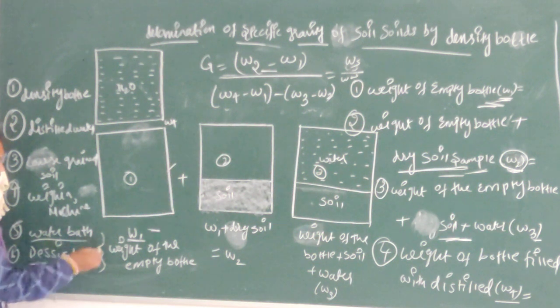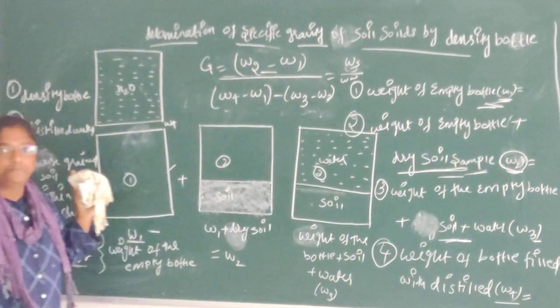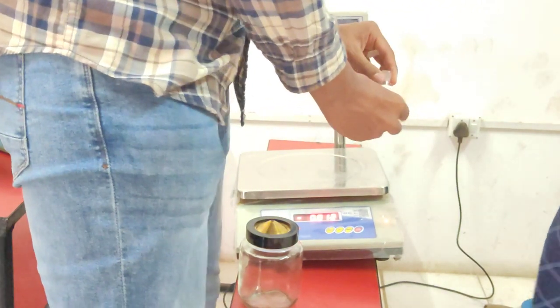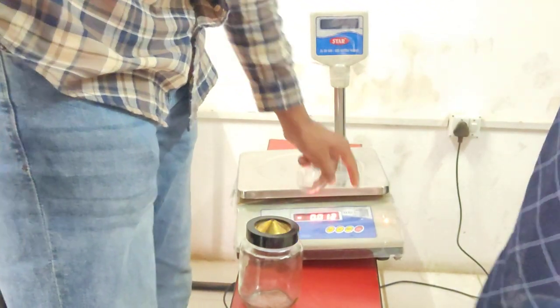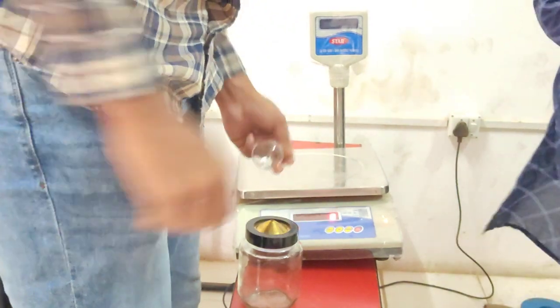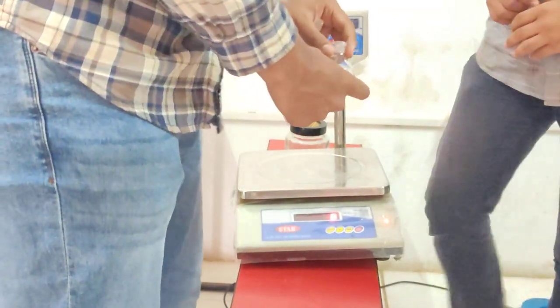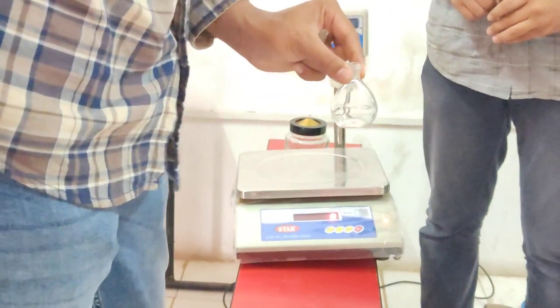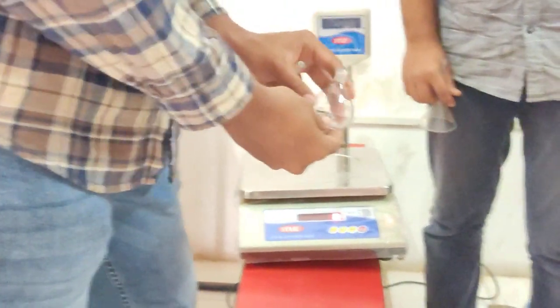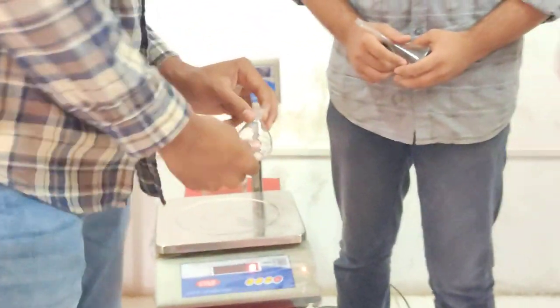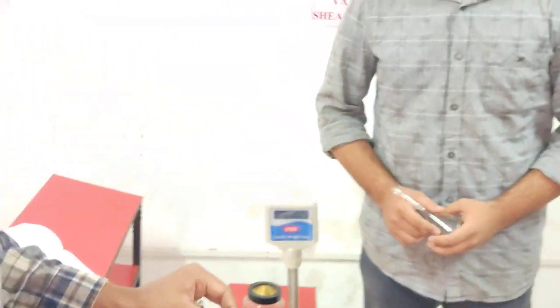Next we will perform the experiment. Both students will be carrying out the experiment. This person is from civil third year, Mukaram, and as you all know, your CR Yakub, roll number 114.